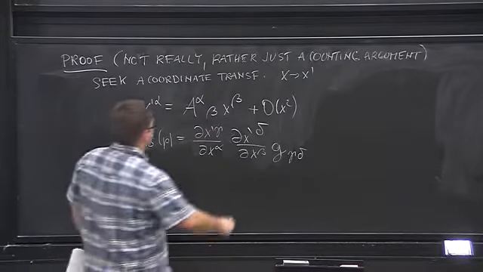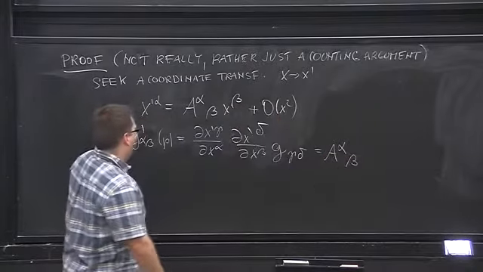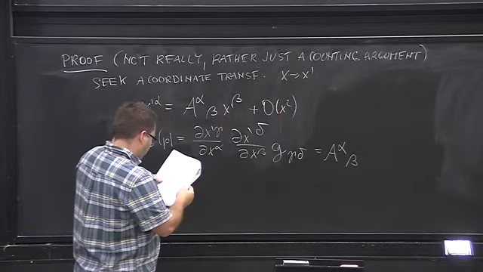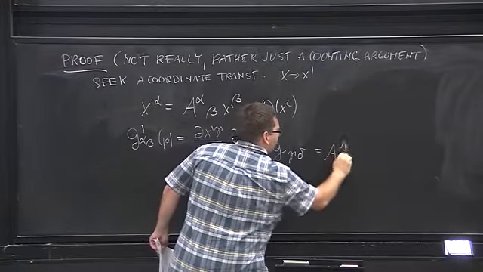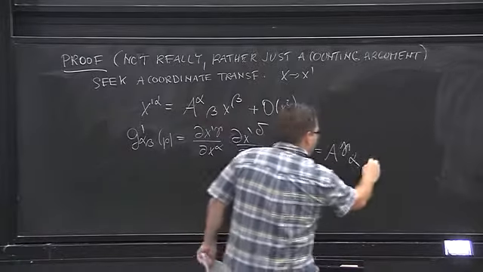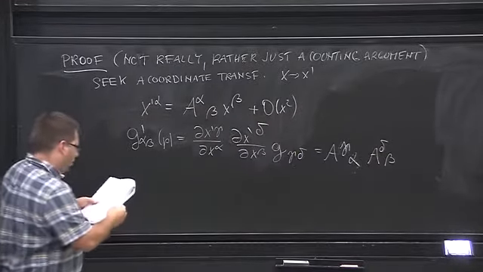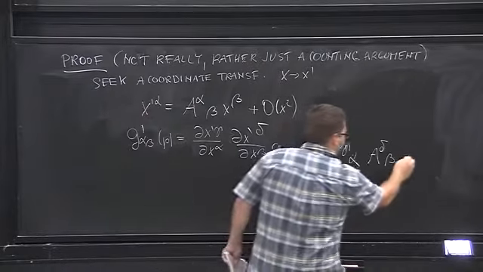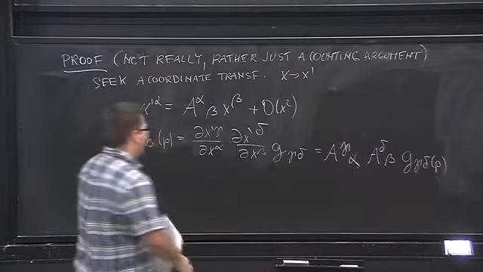Okay, so that's equal to A alpha gamma, A delta beta, and then g gamma delta at the point P.